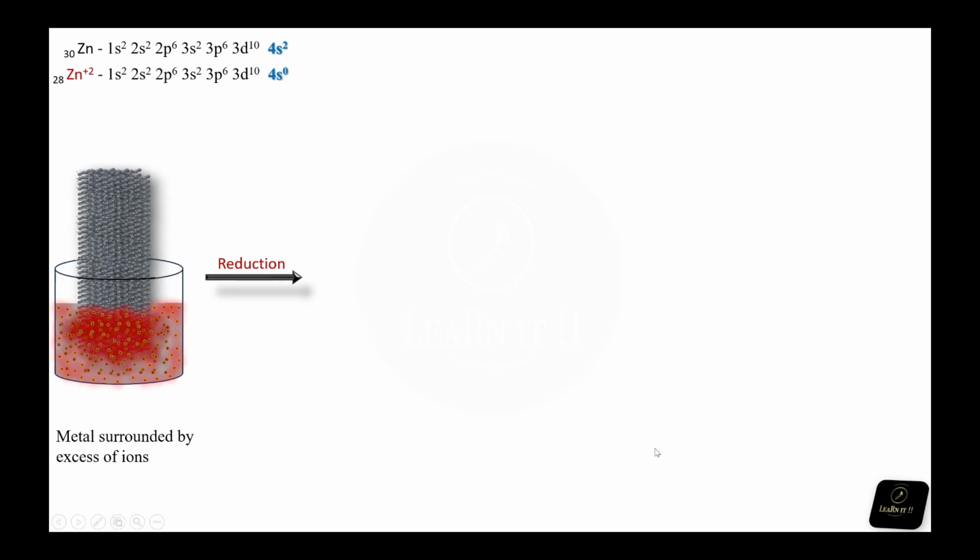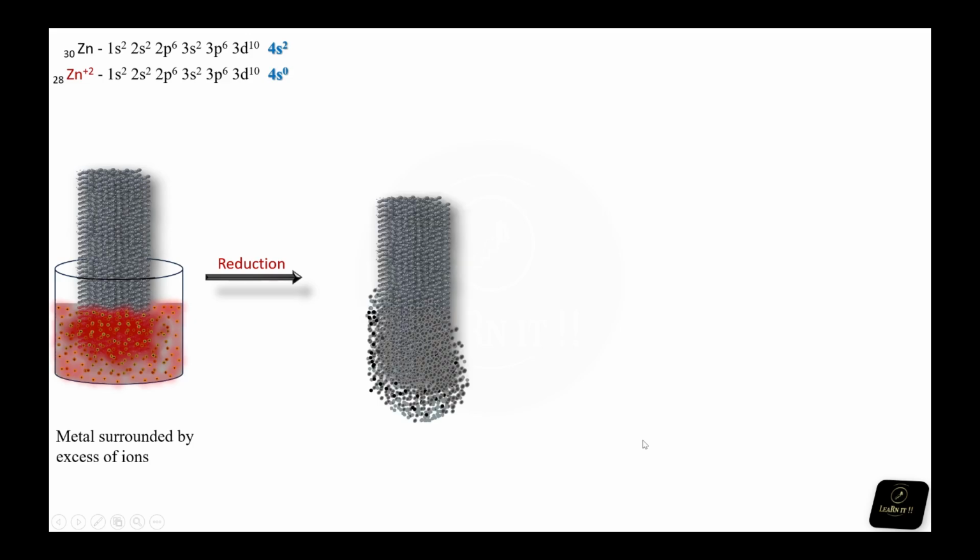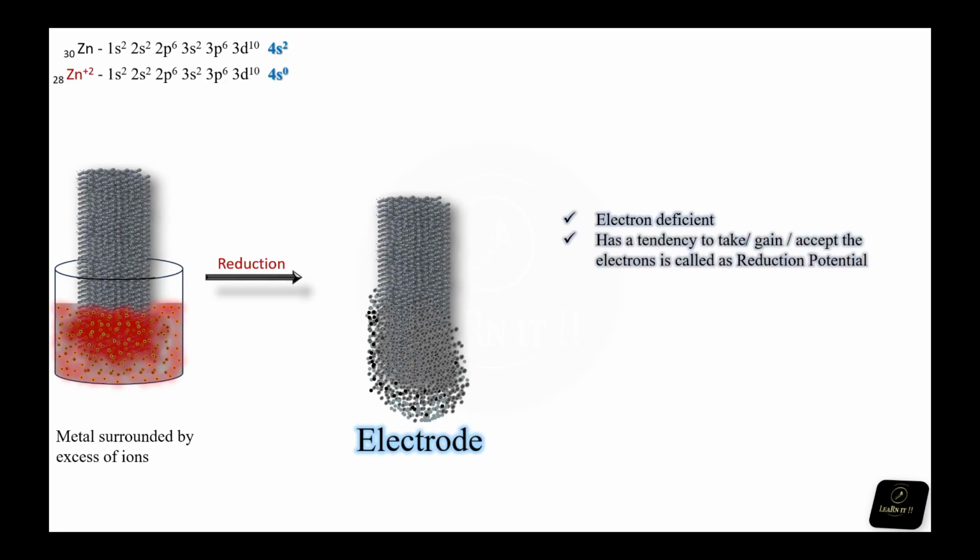Due to the reduction, the size of the metal rod increases, but there will be a deficiency of electrons in the rod. Hence this rod is called an electrode. This electrode is electron deficient and has a tendency to take, gain or accept electrons, which is called reduction potential, and is positively charged.